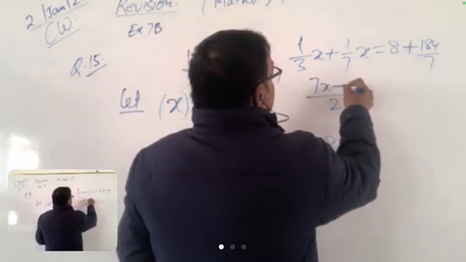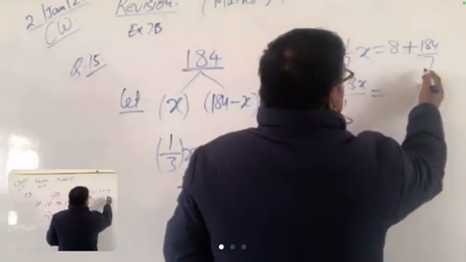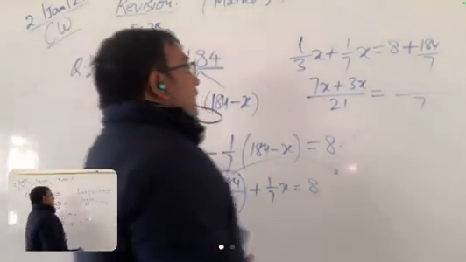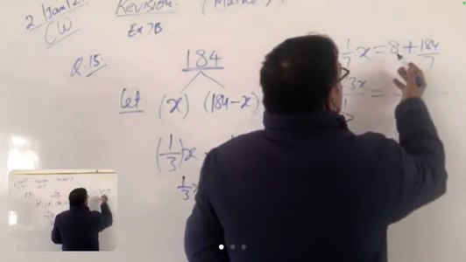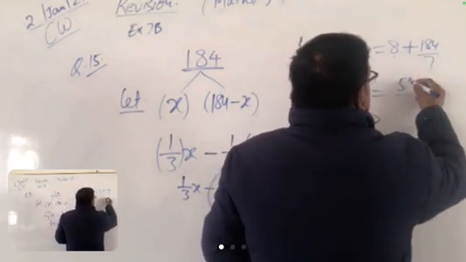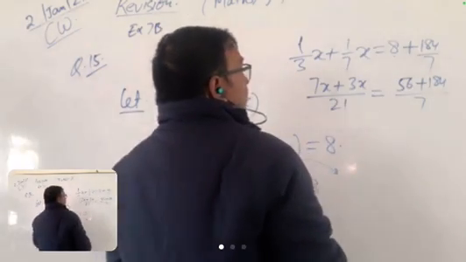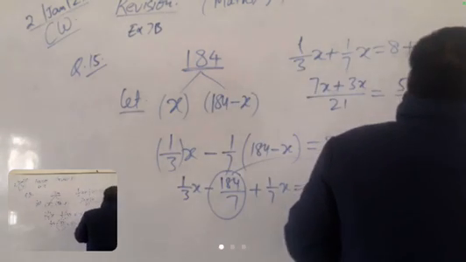So this is 7x plus 3x is equal to, and here the LCM is 7. And now 7 eights are 56 plus 184. So what is the total?